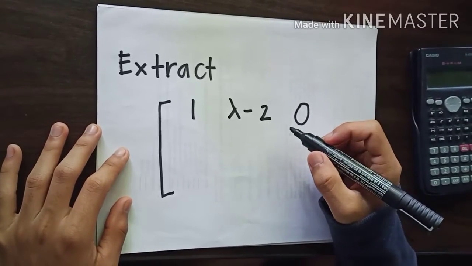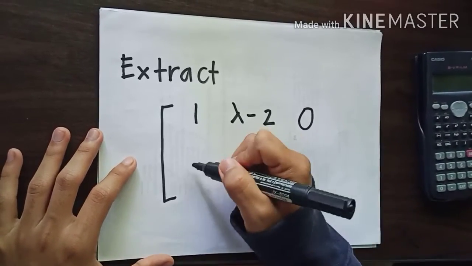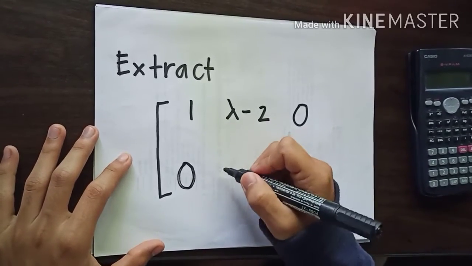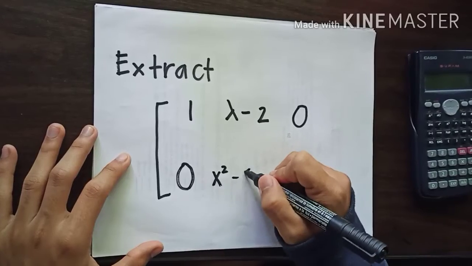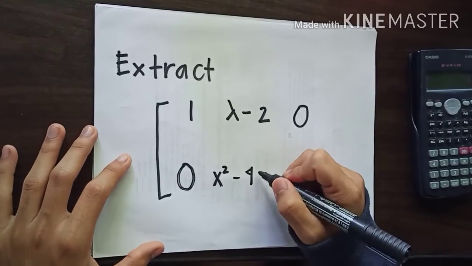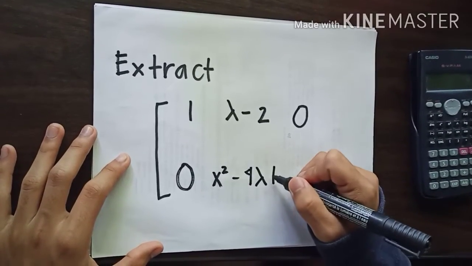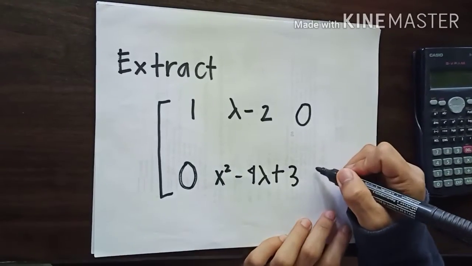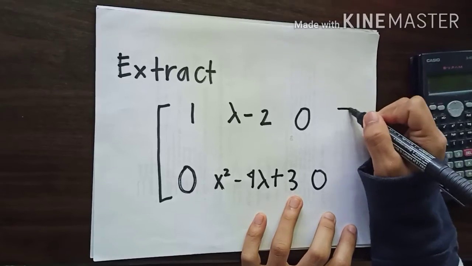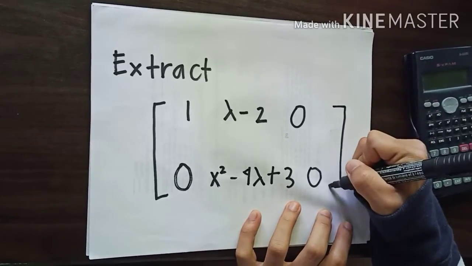So for row 2, we will have 0, lambda squared. Oh, I'm sorry, that's lambda, not x. Minus 4 lambda plus 3. Just an error on writing, sorry. And 0. So now we'll have that.